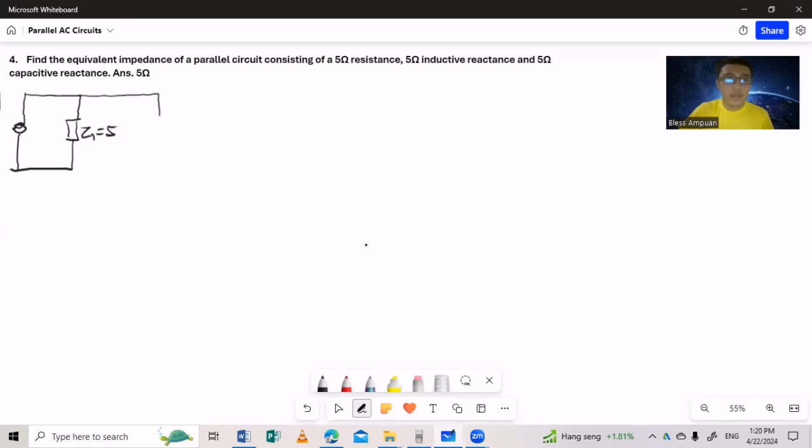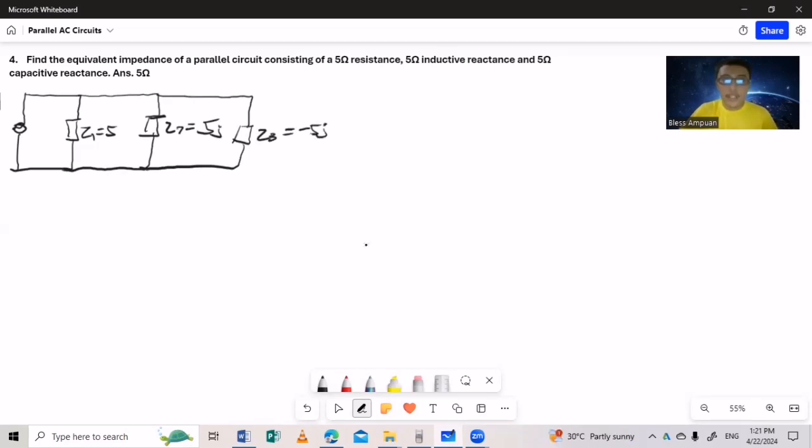Our Z sub 2 is pure inductive, so Z sub 2 is equal to 5J, since it is inductive. Now our Z sub 3 is pure capacitive, so it's negative 5J.